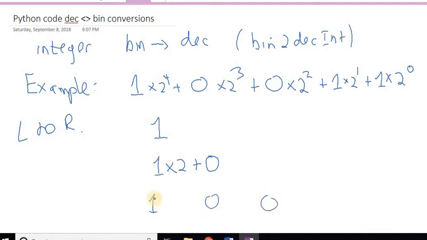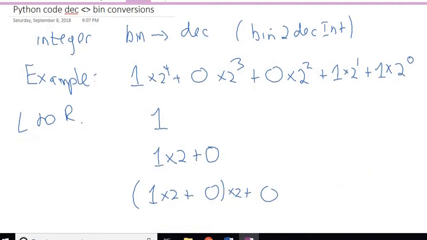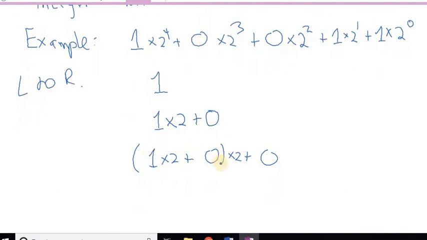Now I know this is 1 times 2 plus 0. Now I know actually this is 1 times 4 plus 0 times 2 plus 0. So what I'm going to do is this one times 2 plus 0. And that's going to give me the same result as 1 times 2 squared plus 0 times 2 plus 0.